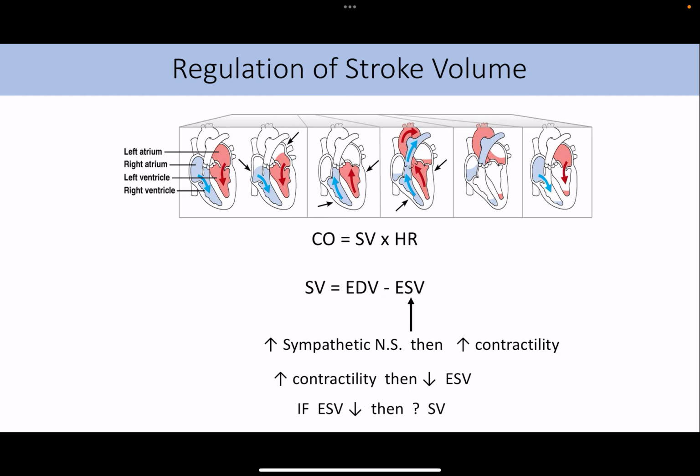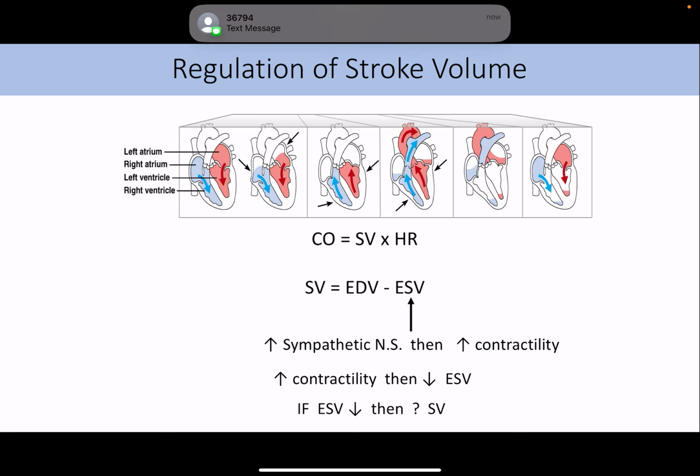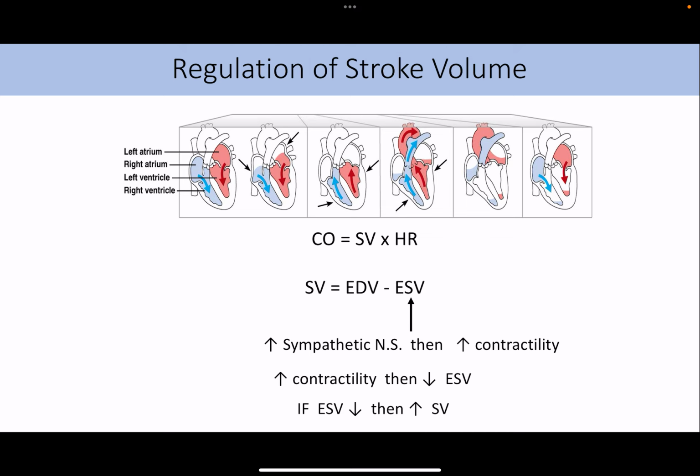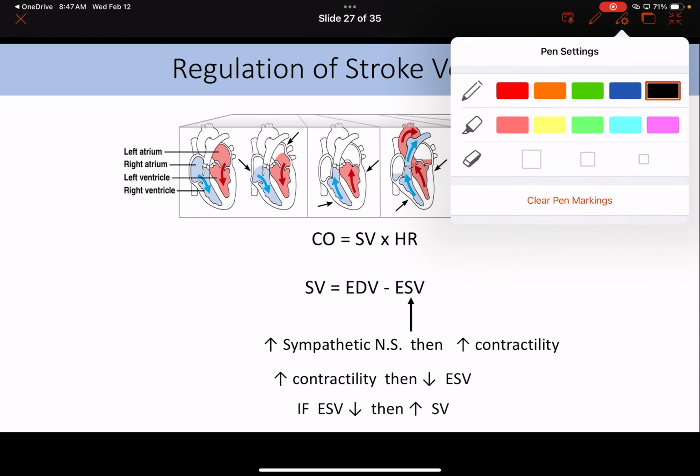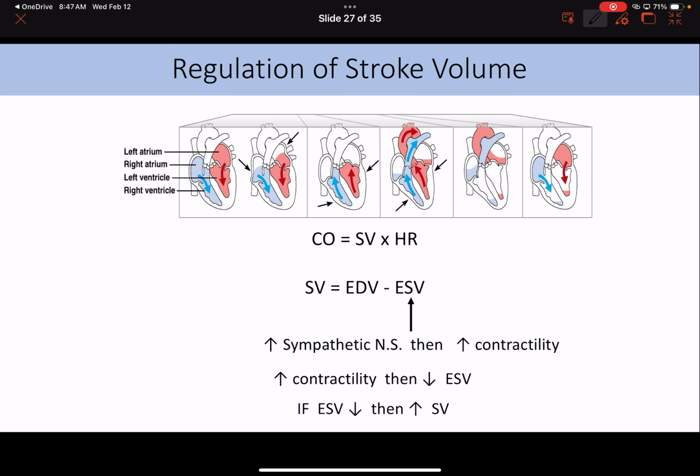So we can do that with math. I know everyone loves math. Stroke volume is equal to EDV, the amount of blood or the volume that we start off with before ejection, minus ESV, the amount of blood left over.